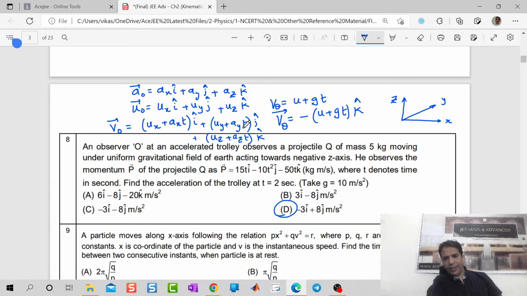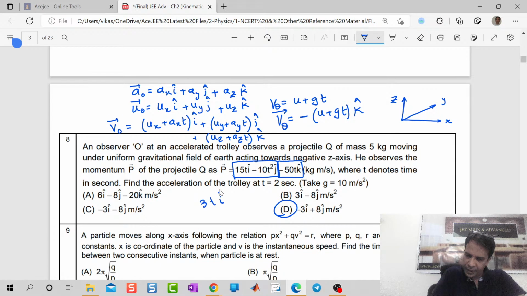As far as the relative velocity, what will that be? That will be this part minus 50t k cap, this is on account of the velocity of the projectile Q, or rather the momentum. And this one, if you divide it by 5, then 3t i cap plus 10 t square j cap. This is the velocity of the trolley, or velocity of the observer.